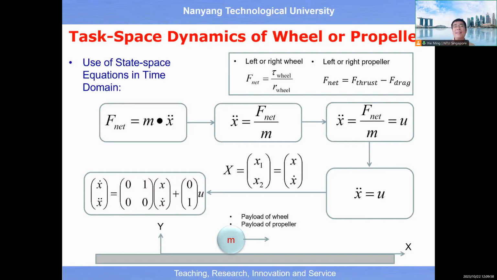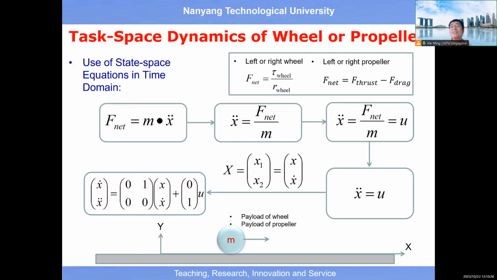And the net force divided by m, we can say this comes from the motor, right? The motor is a converter which converts electric energy into mechanical energy, right? You treat U as the output of mechanical energy, and mechanical energy produces acceleration, right? Then acceleration comes from the variation of velocity, and the velocity comes from the variation of position.